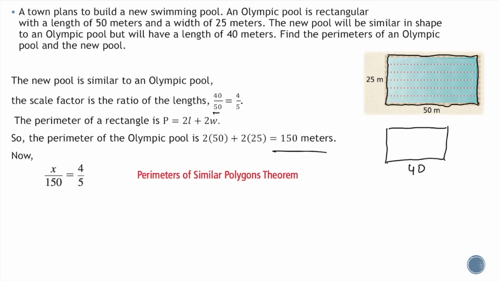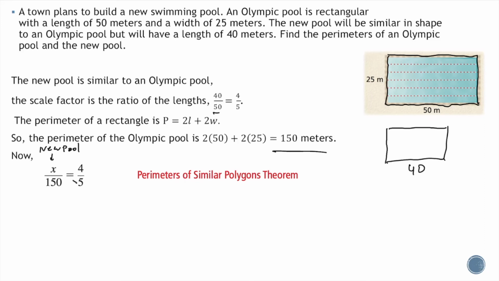Now, we can set up our perimeter of similar polygons theorem, which is x divided by 150. X in this case is the perimeter of my new pool. And 4/5 is the scale factor between the lengths.